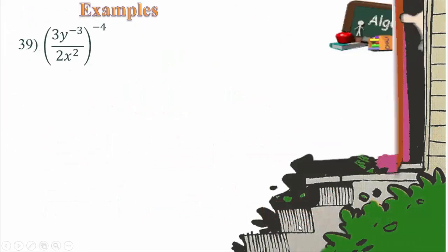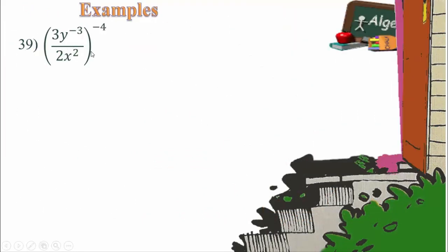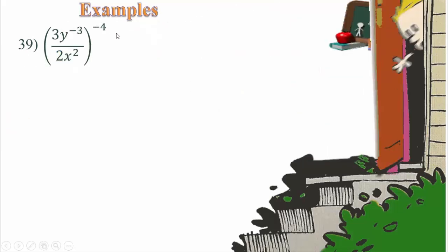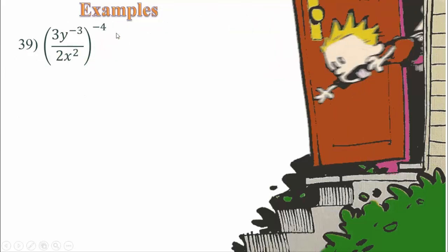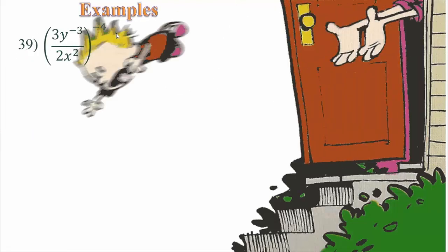In example number 39, we have this, and it's to a negative 4th power. So what I'm going to do is work it out on the whiteboard. In example number 39, we have 3 y to the negative 3 divided by 2x squared. And this whole thing is to the negative 4.